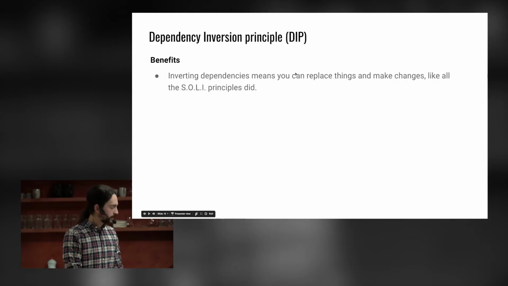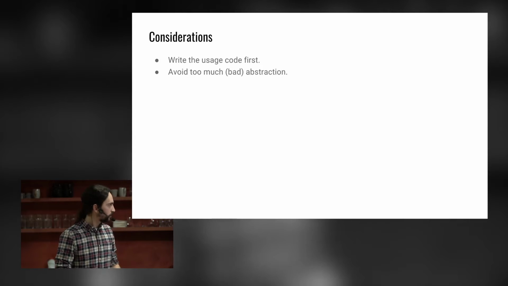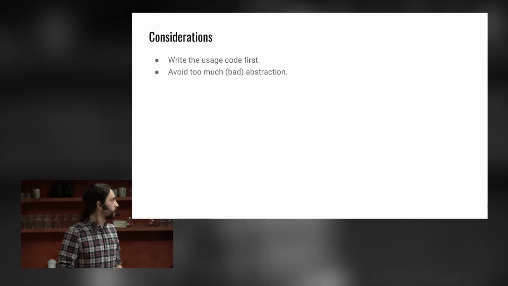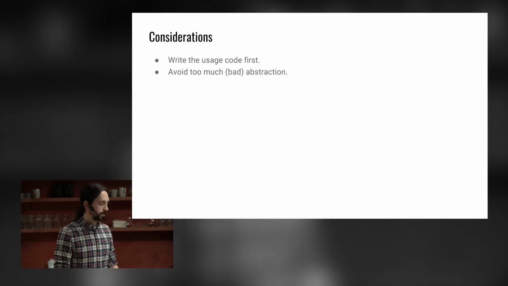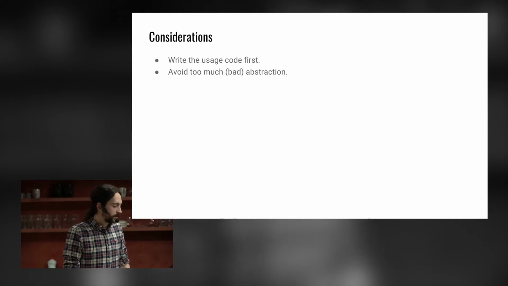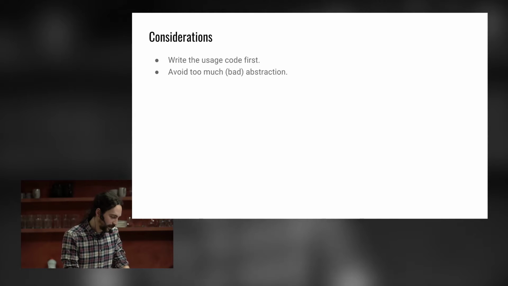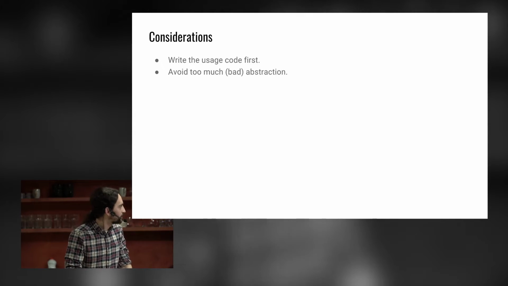So we went through all the principles, and I would also like to talk about the usage of these principles. First of all, write the usage code first. So write the worst possible code you can. Don't think about any kind of principle or object-oriented design or any clean code stuff.